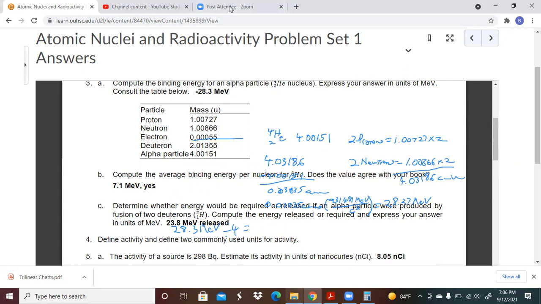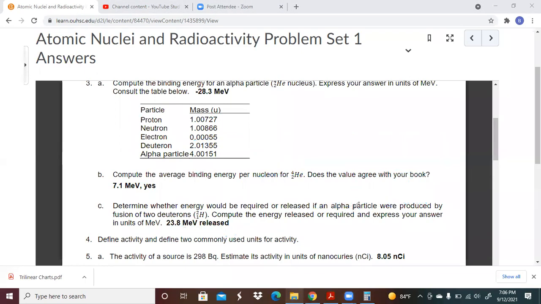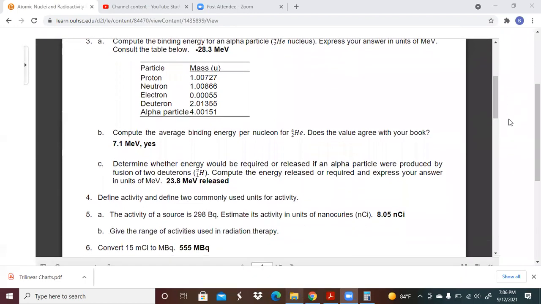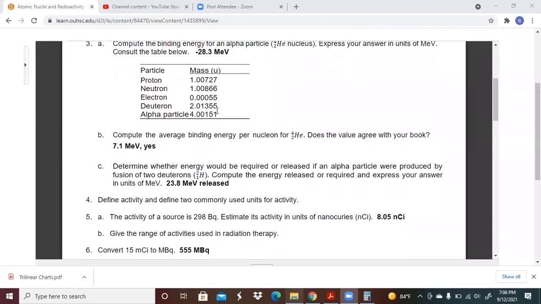So let's sort of clean the board up here a little bit. So we've got deuterons up here and we've got the alpha particles. So I think I'm just going to use that particular space. So we take two deuterons, which is these suckers, we smash them together.